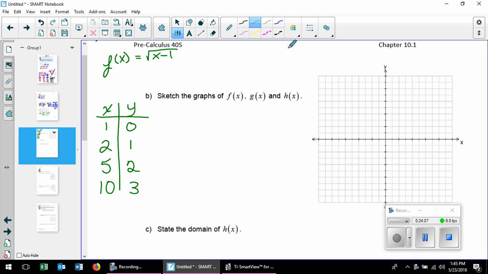Okay, so let's do g of x. What was g of x? G of x was x minus 2. Any restrictions on that one? X can be anything it wants to be. It's a linear function, right? No restrictions.